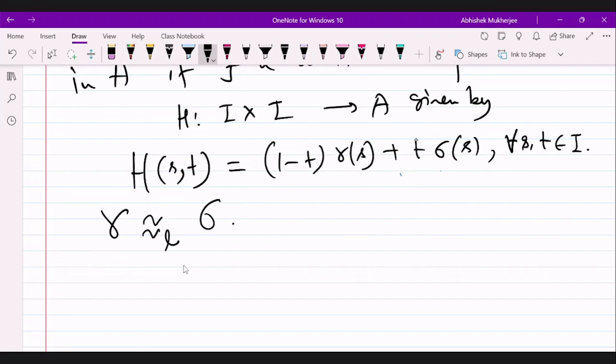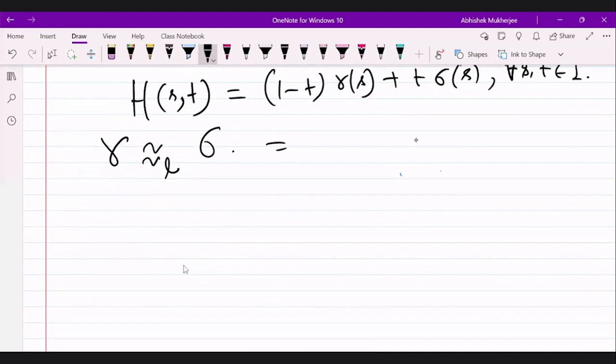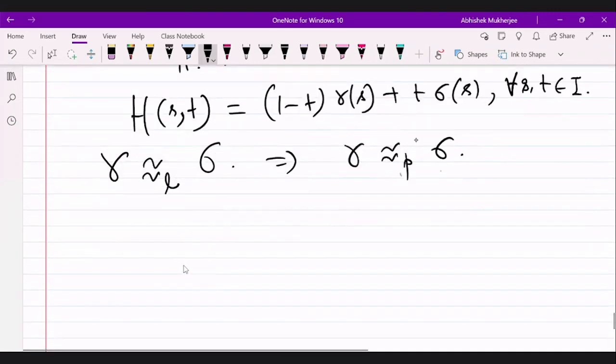And whenever you are talking about paths having same terminal points, if you can find some straight line homotopy, then it is essentially a path homotopy. So this implies that they are path homotopic. This is a very easy fact.